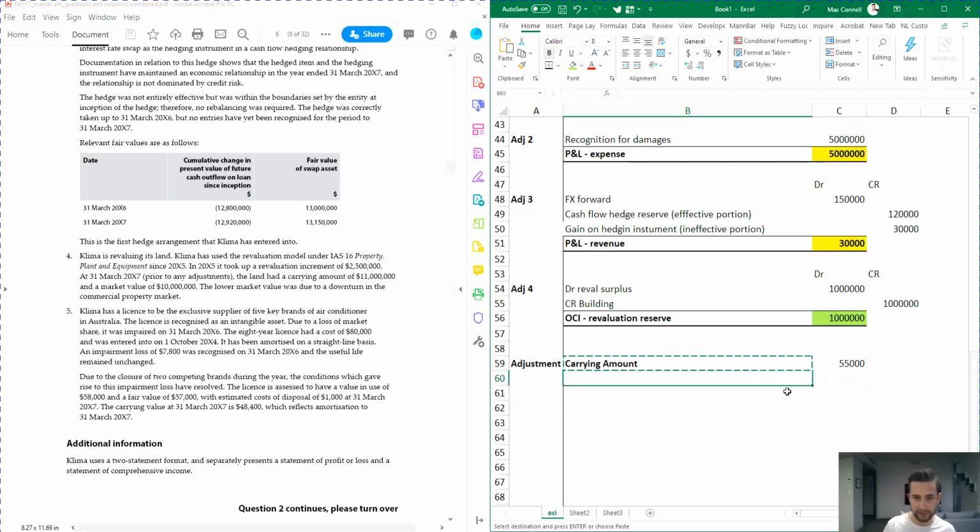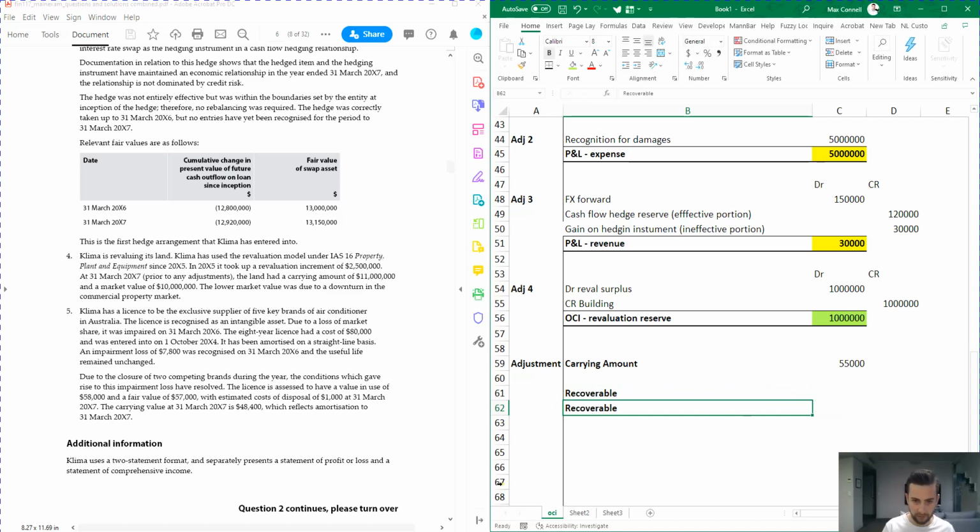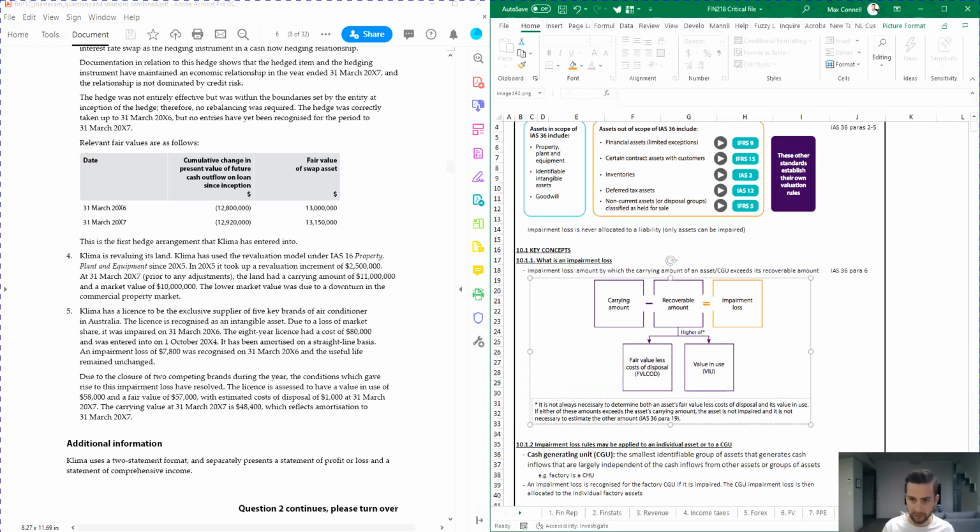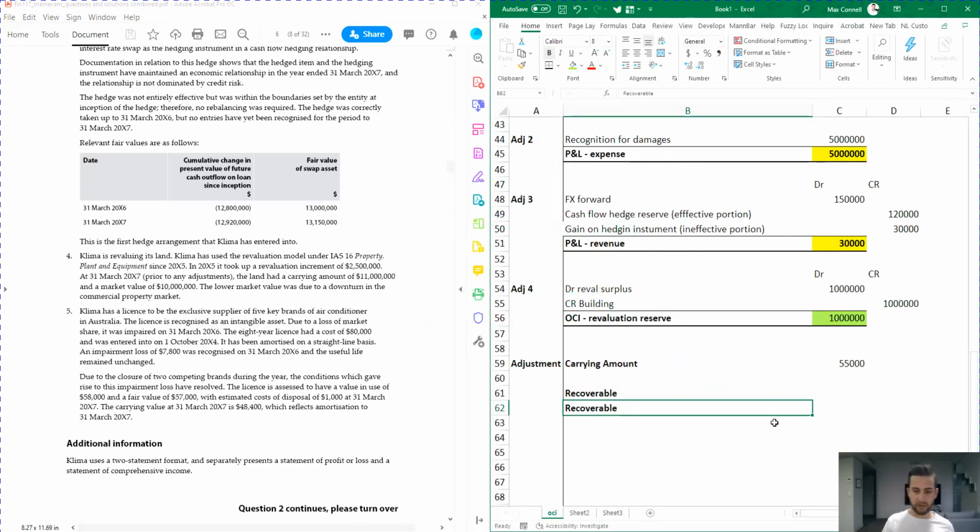Okay. The next thing to check is recoverable amount: fair value less cost of disposal, and value in use.